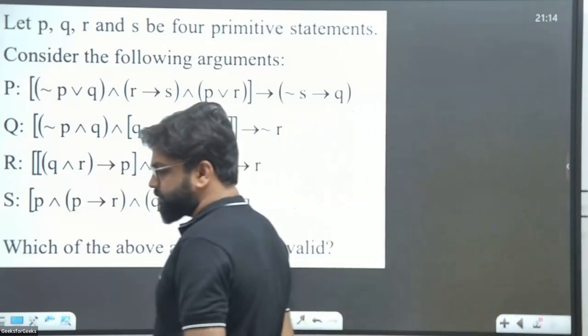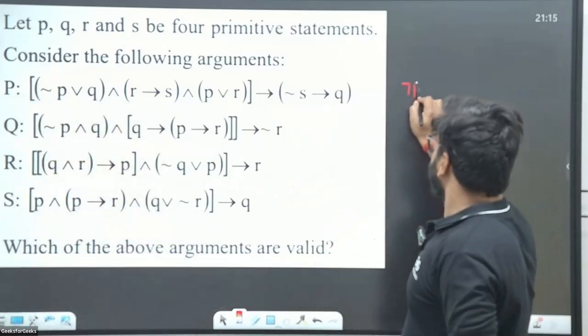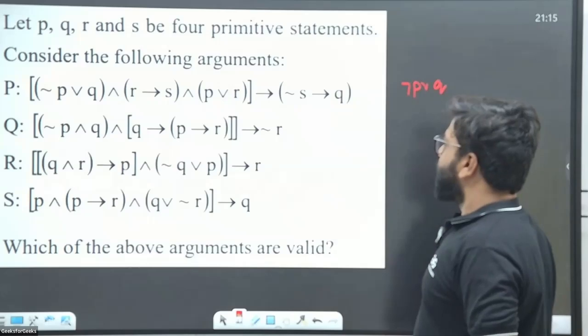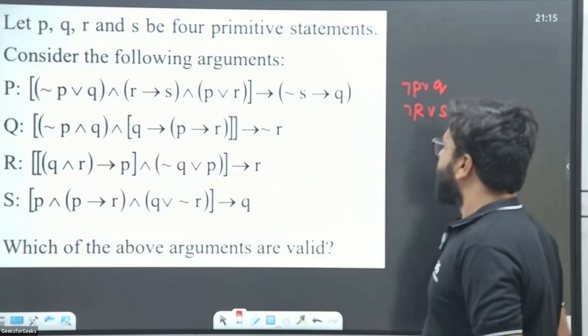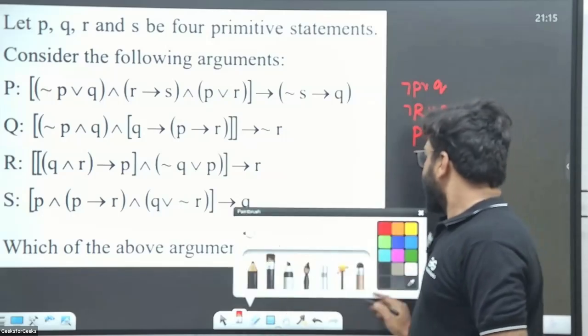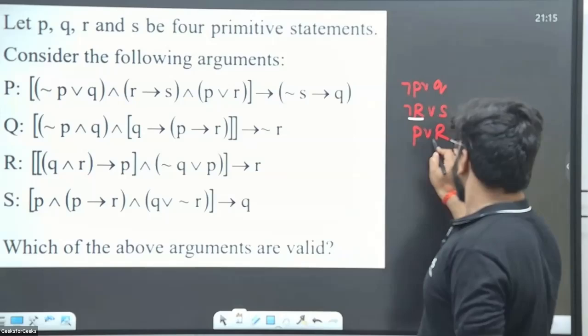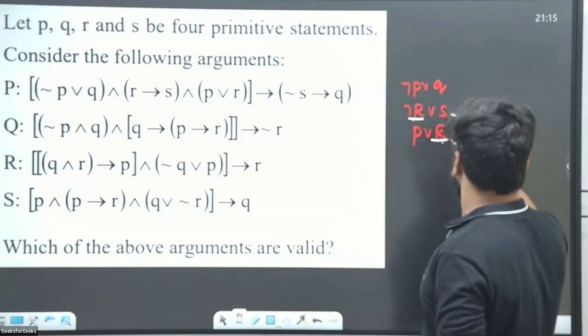That is a very simple concept. So you can write negation of P or Q. Second, R is implying S, that means negation of R or S. And here you will get P or R. Yes, sir, so valid. One is positive, one is negative, you will get P or S.